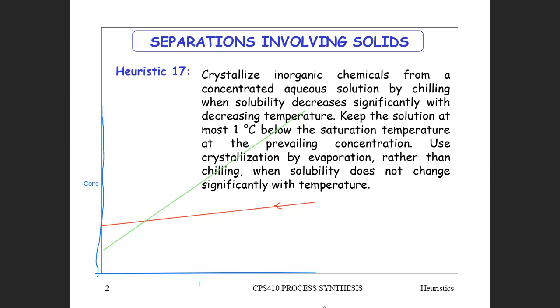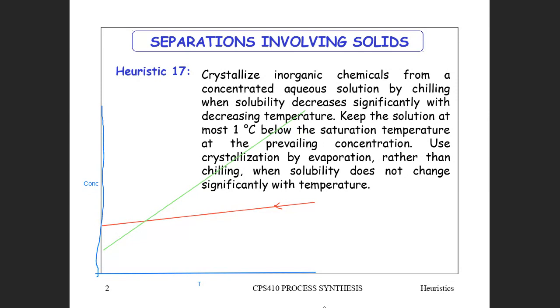If you take it down very quickly, it will definitely come out of solution, and it'll make many more tiny little crystals, because the driving force is so high. It will make a crystal even if there's not a crystal already, even though there's not a nucleus for it to start crystallizing on.